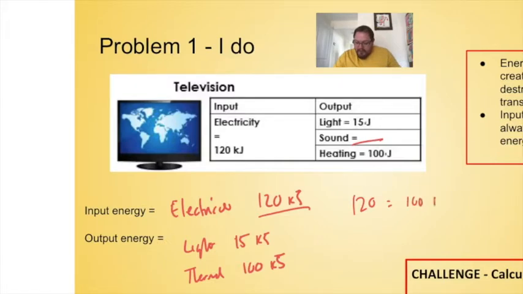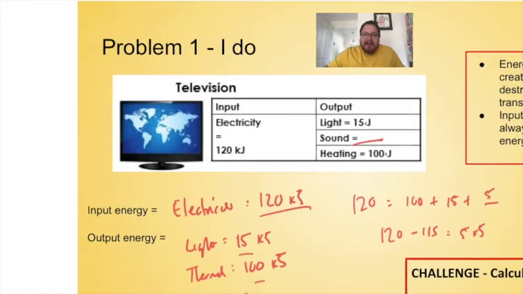We've got 100 plus 15 plus the sound energy, which I don't know, but I can work out because I know 100 plus 15 plus something is going to give me 120 kilojoules, and that something must be 5. 100 plus 15 is 115, so 120 minus 115 is going to give me 5 kilojoules. That's my missing energy.